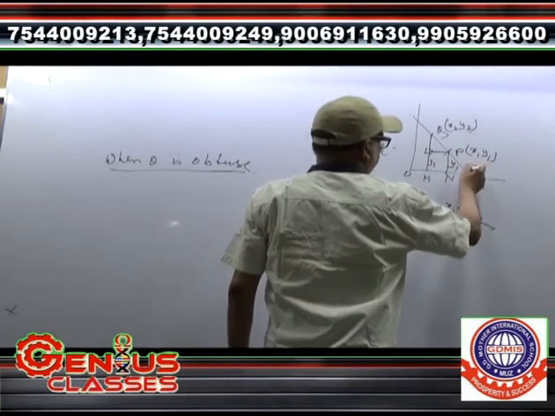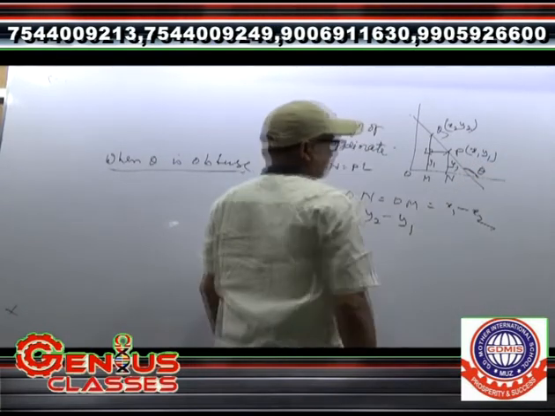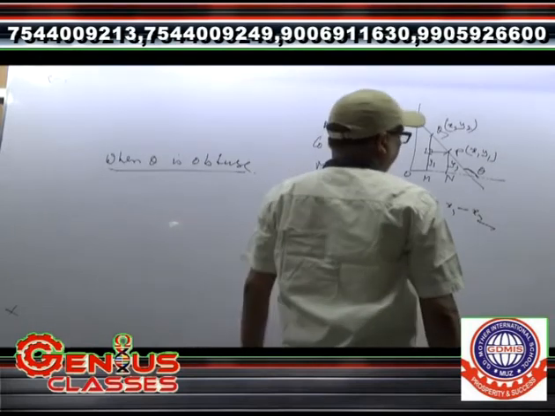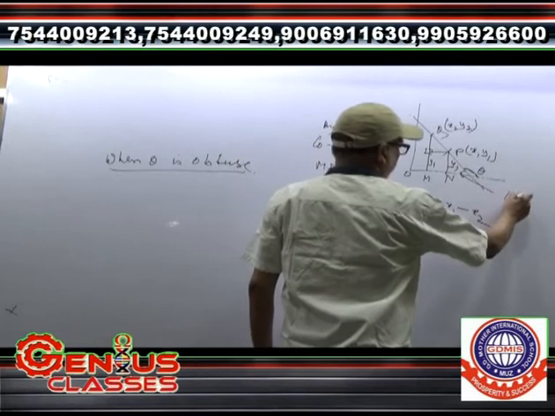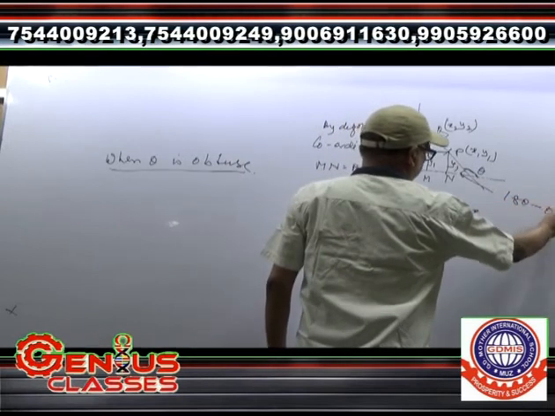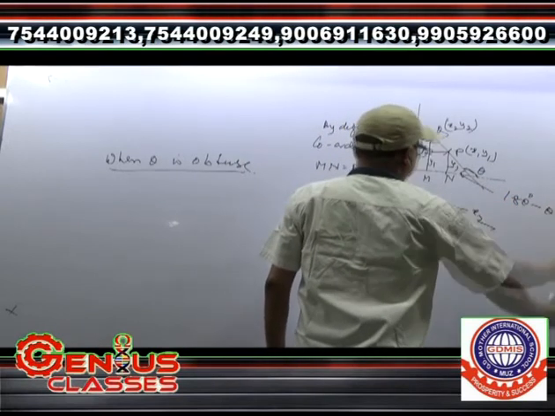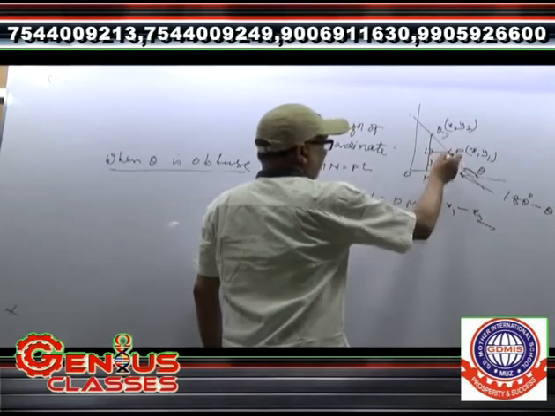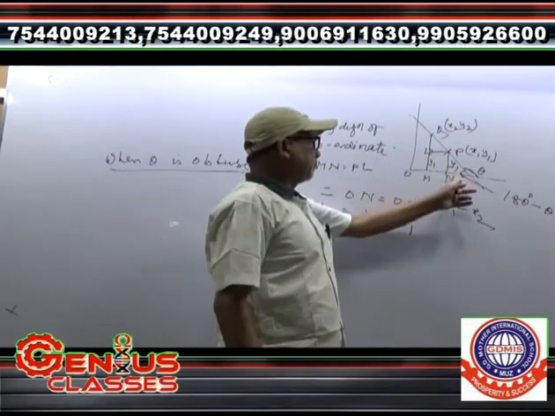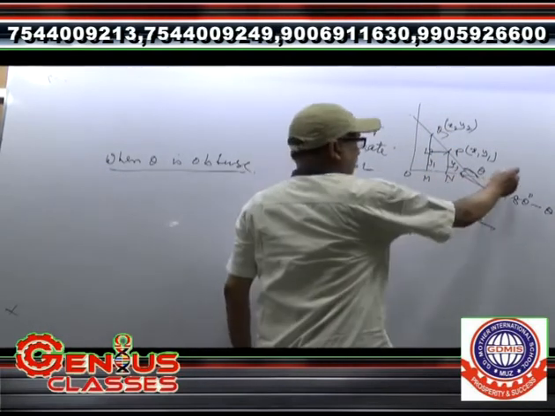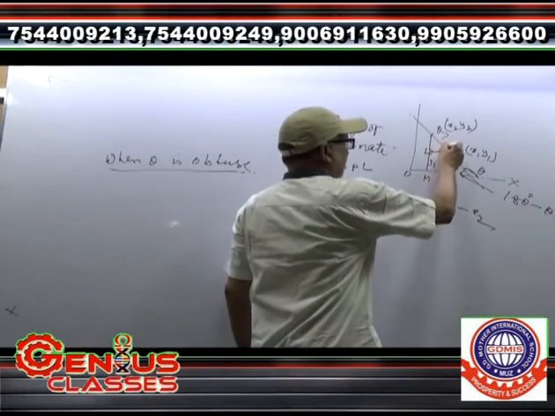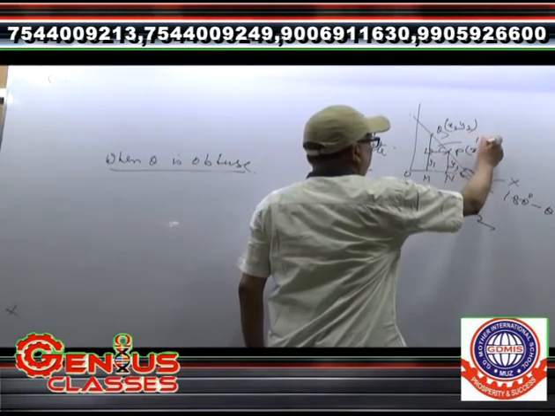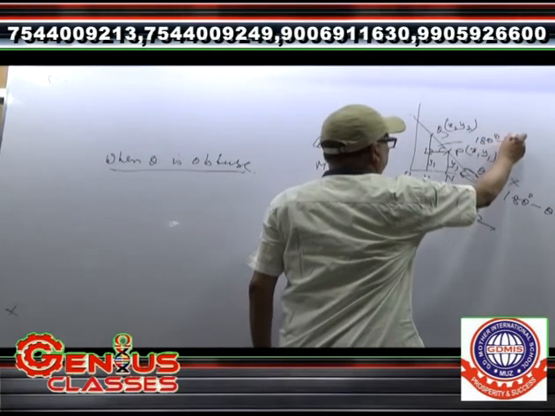This angle is theta, which is obtuse, greater than 90 degree and less than 180 degree. Therefore, this angle is denoted by 180 minus theta. Since PL is parallel to OX, therefore corresponding angles are equal. So this angle is also 180 degree minus theta.